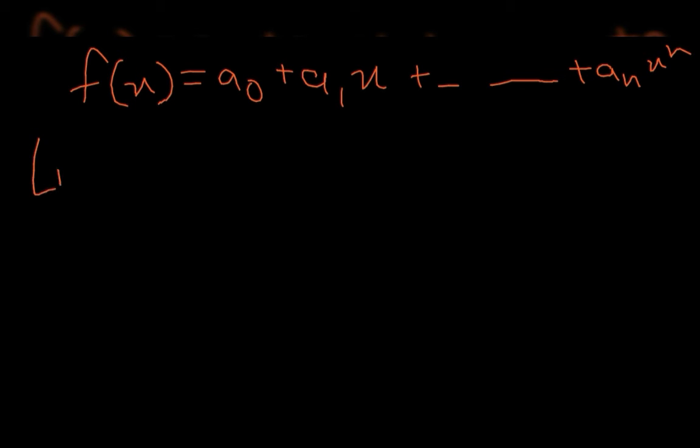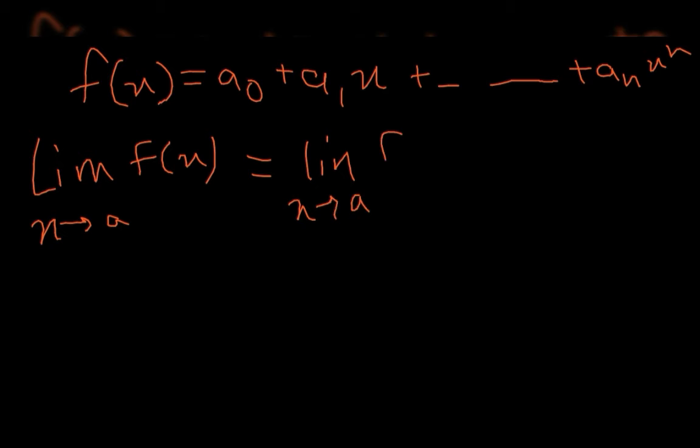Now if we find the limit of this function, let's say x tends to a, then what will it be? I can write limit x tends to a of a0 plus a1x plus, till, a n x to the power n.